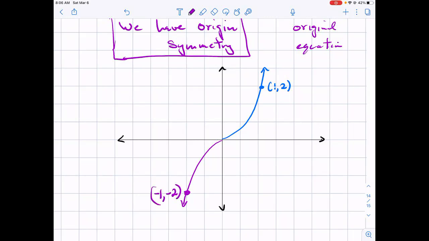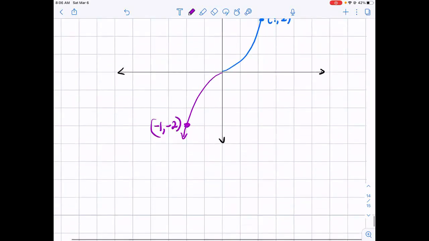So notice that they are a reflection sort of in the origin, right? If there is a mirror, there's a reflection in the origin. So that's where it helps.